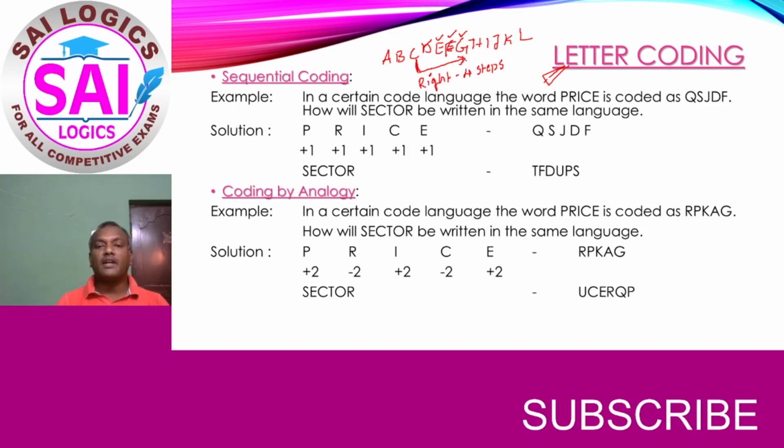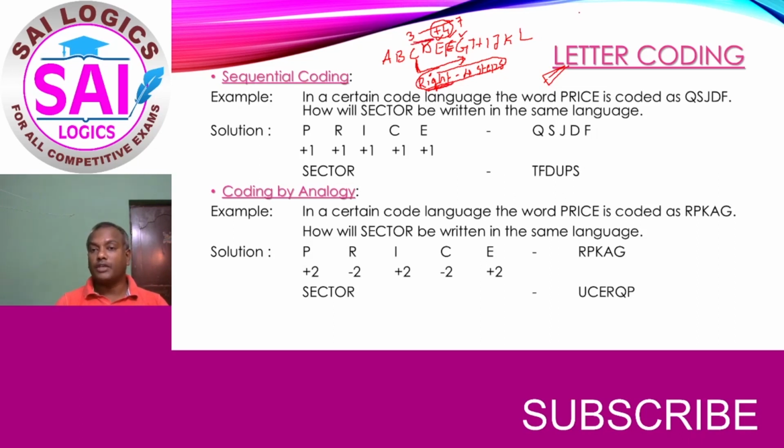But in other words, we can say that actual value of C is 3 and G is 7. The difference between 3 and 7, we can say that it is plus 4. So we can either say the rule involved is plus 4 or C has moved towards right by 4 steps. Both are one and the same. Indirectly, we can easily understand that when the alphabet is moved towards right, the value has been increased.